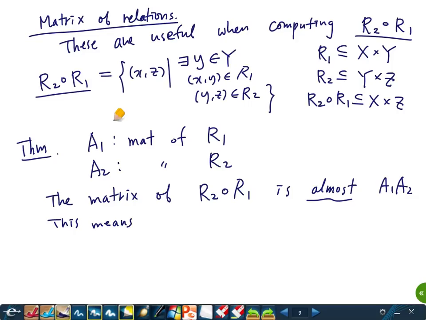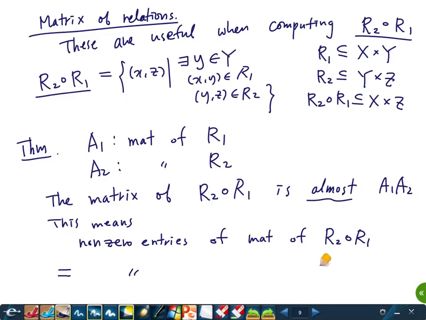So we are only interested in non-zero entries, because non-zero entries are all the entries with 1. This means the non-zero entries of the matrix of this is exactly the non-zero entries of this.